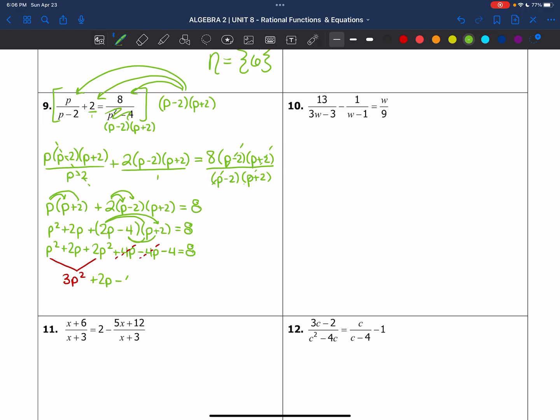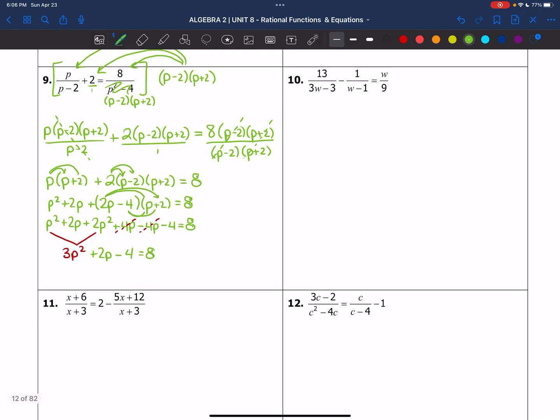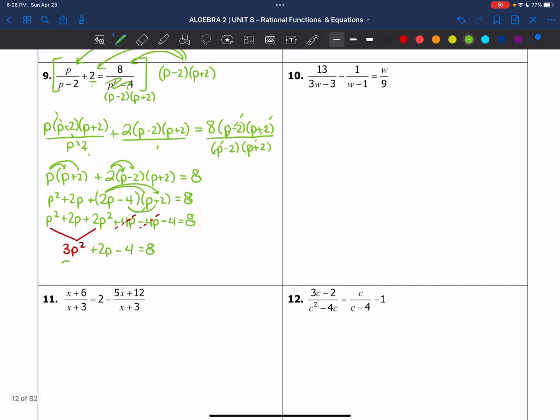And then at the end, that minus 4, all equal to 8. Now this is quadratic, so I do want everything on one side. So I'm going to go ahead and bring this over so that I have, subtracting 8 on each side, a 12. So a minus 12.